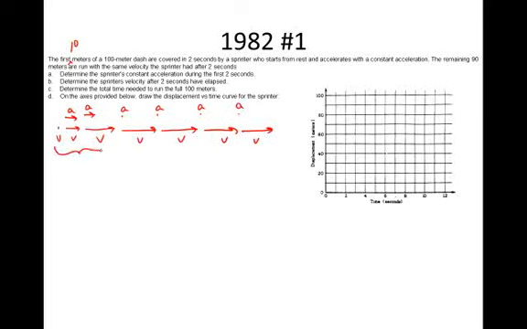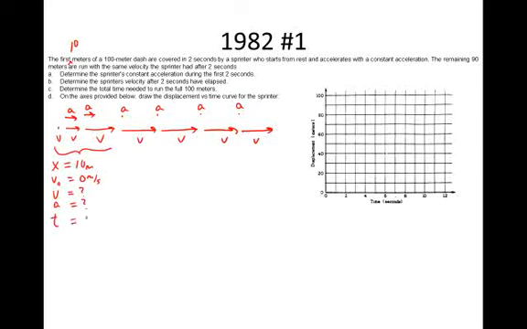This is the part that part A is asking us to solve: to determine the sprinter's constant acceleration during the first 2 seconds. So we would use our strategy: X, V initial, V, A, and T. X would be 10 meters. V initial would be 0 meters per second. The final velocity we don't know yet, and acceleration we don't know yet.